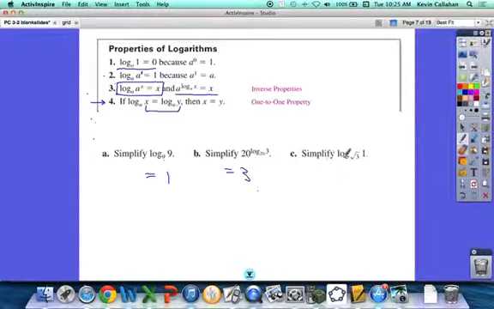Simplify the log with a base of the square root of 3 of 1. It equals 0, because the log of 1 of any base is always 0. Even with a crazy square root of 3 as a base, which we'll probably never see, it does not matter. Any base, that's the answer.